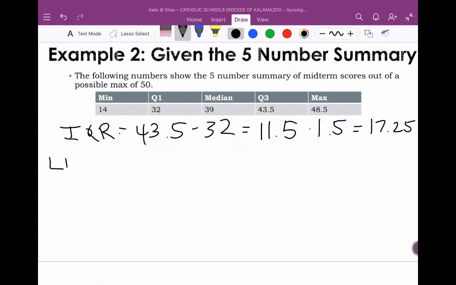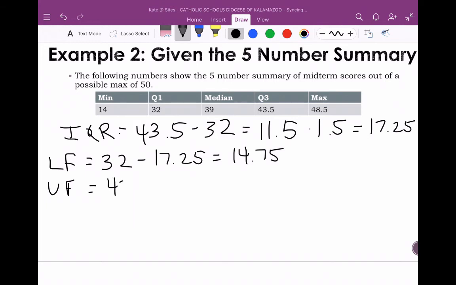So to find my lower fence, I take my Q1 of 32, and I subtract 17.25, and I end up with 14.75. To find my upper fence, I use my Q3 of 43.5, and I add 1.5 times my IQR of 17.25, and we end up with 60.75.